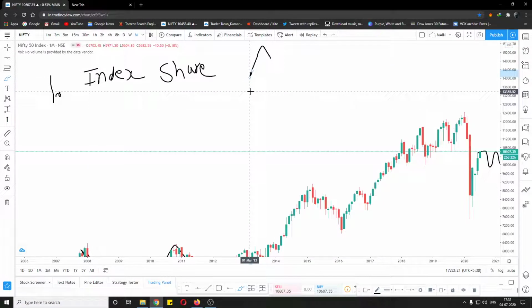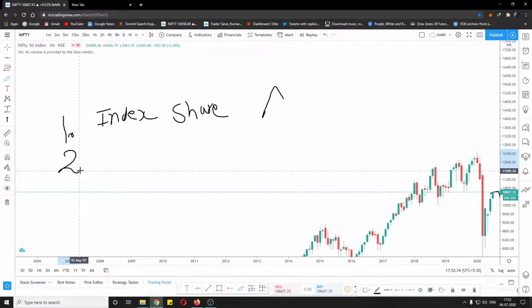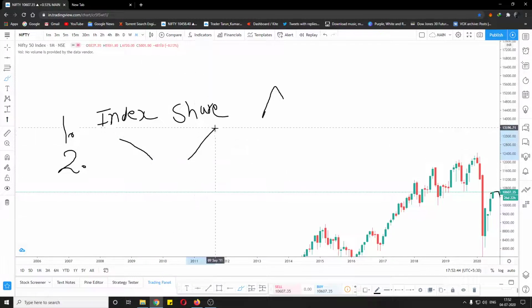If you are looking at a big time frame, then you should be able to tell whether the share or the index is bullish or bearish or in a sideways market. Now the second point, you should be able to tell that if the market is coming down, is it in a correction or is it actually in the downtrend, or if it is going up, whether it is in an uptrend.